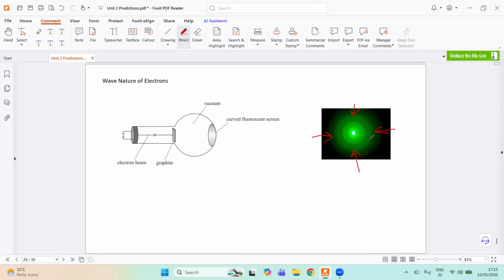Yes. And are we seeing a diffraction pattern? Yes. So diffraction is a wave phenomenon, right? So the fact that electrons can exhibit wave phenomena told us for the first time that electrons can behave like waves. And if they behave like waves, they must also have a wavelength. And that's what you call the de Broglie wavelength. The equation is lambda equals h by mv, or h by p.